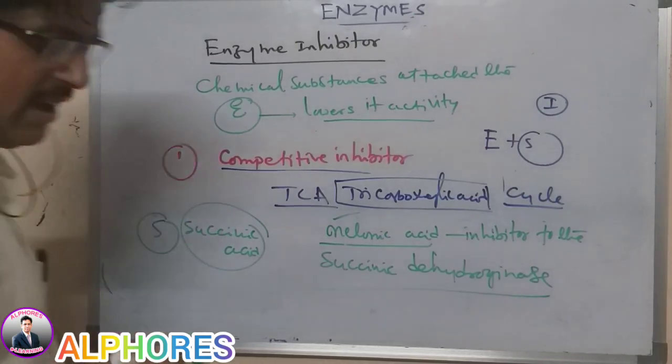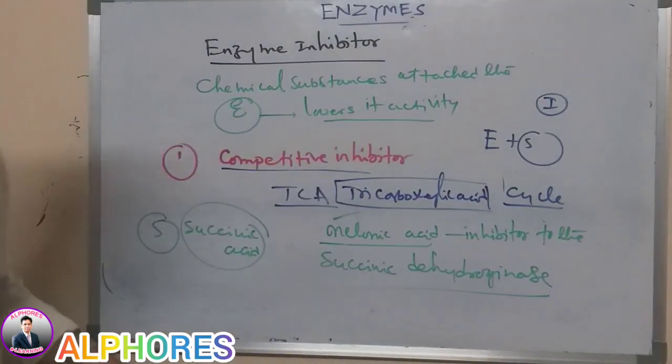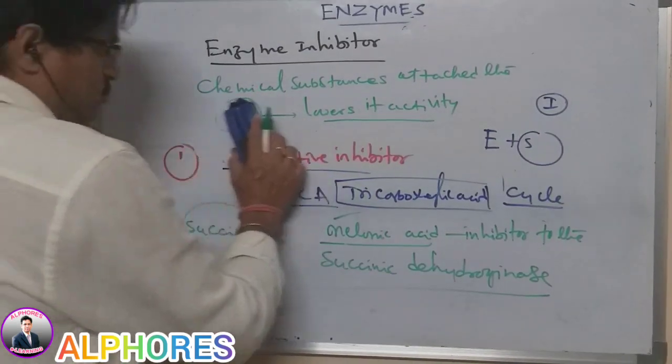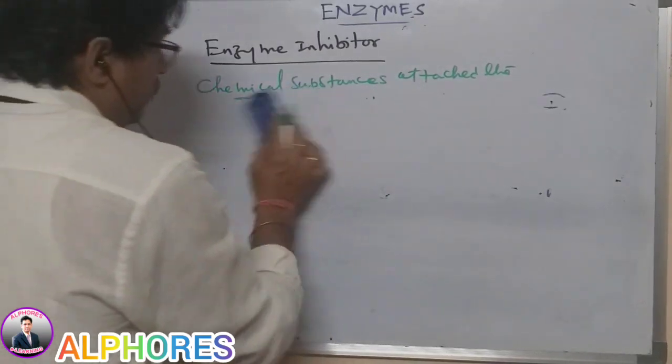I will show you a diagrammatic representation of how this takes place. Let us see. In the case of competitive inhibitors, we can see how it is present.